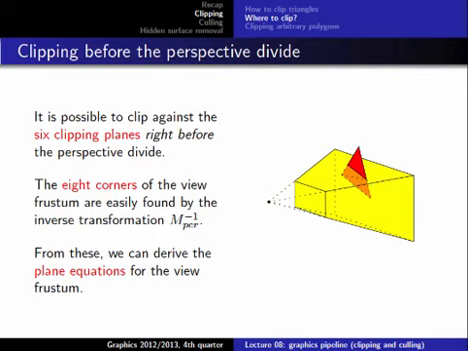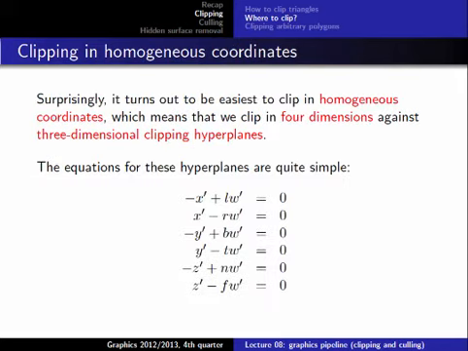So the planes are more complicated, but the calculation actually isn't that complicated. But there is, fortunately, another way to do it by using still very simple planes, and that is directly before we do the homogeneous divide, because then our plane equations look like this, and then we can do the clipping very easily.